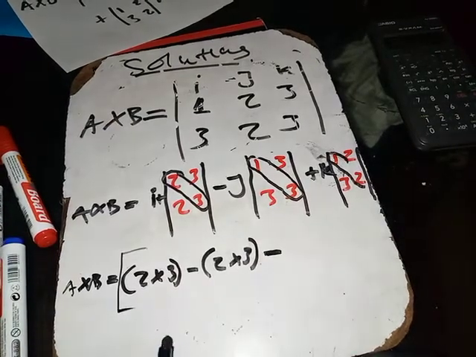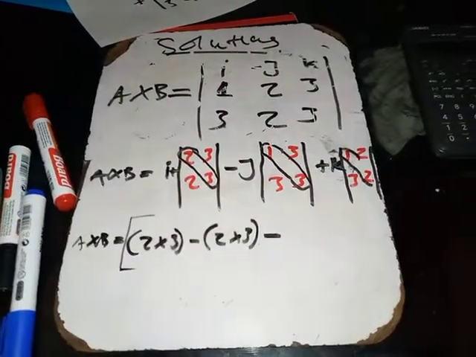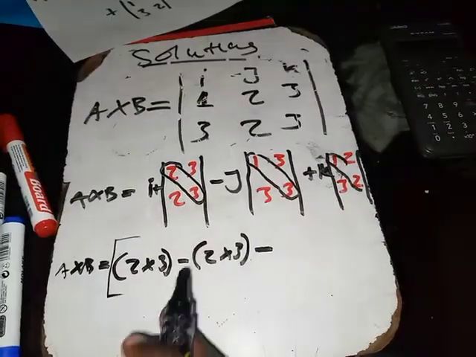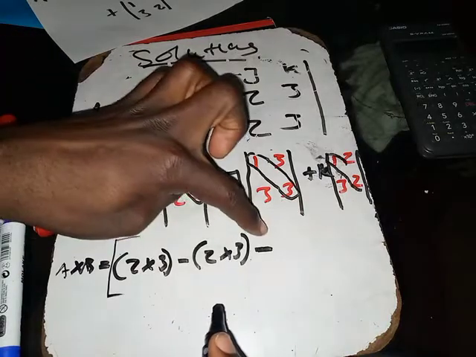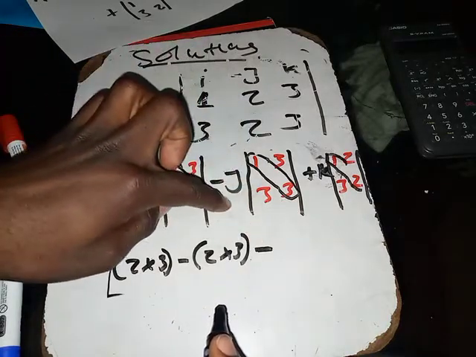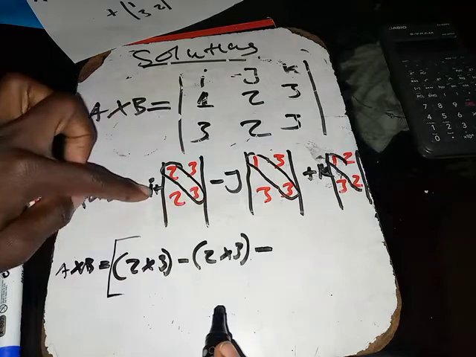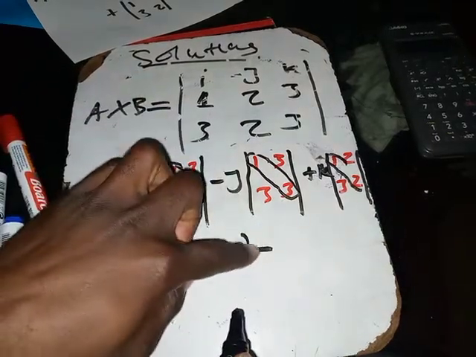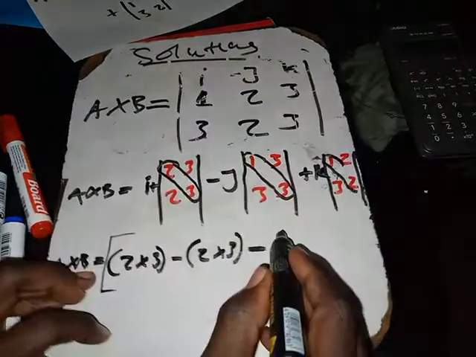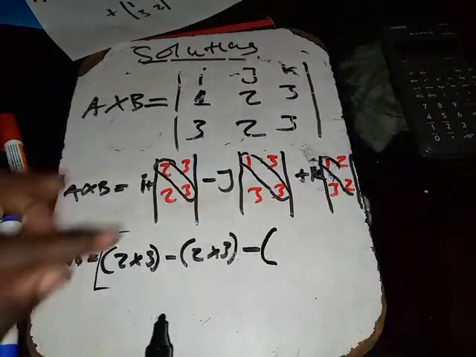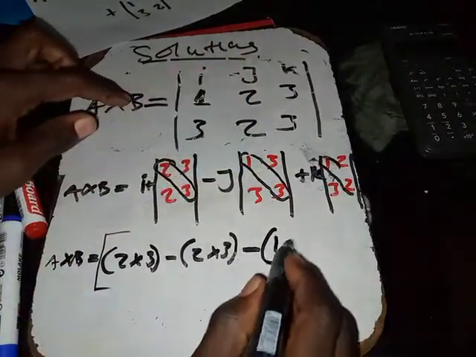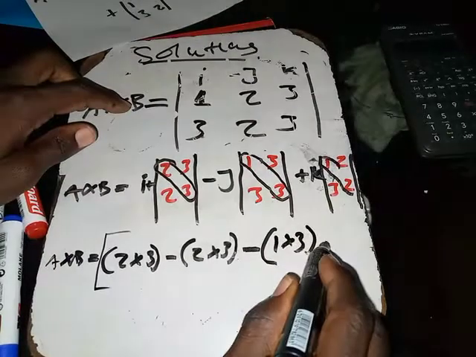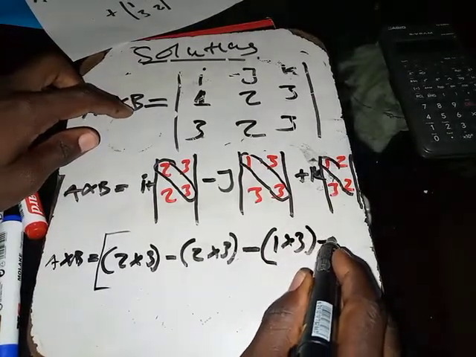Because why have we put minus here? We are dealing with j. Here there was plus, no wonder we started with plus. Negative j is here, so we say minus. Let's proceed. Major diagonal 1 times 3, all right, minus.